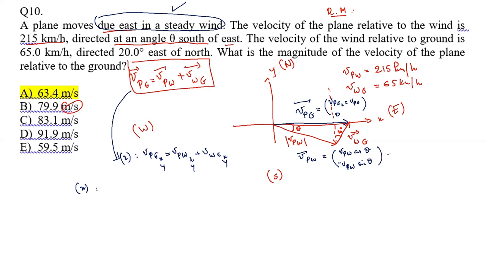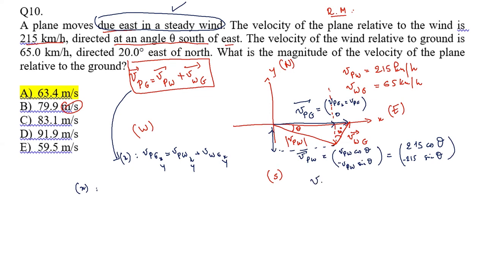Okay, so I will have 215 cosine theta, because the x component here is just a cosine and it's positive. The y component here is sine and it's negative. That's why here I'm writing minus 215 sine theta.